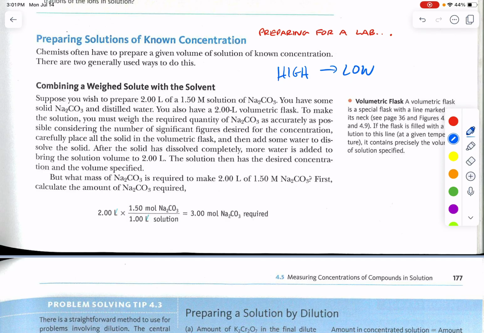Now, if 5 more guys walk into the classroom, I haven't changed the number of ladies in the classroom. It's just that the concentration of ladies in the classroom has gone down. So the point we're trying to make is if I have a certain amount of solute in solution and I add water, the amount of solute in the solution hasn't changed, but its concentration has gone down. It's become more dilute. You need to make sure you understand that concept.